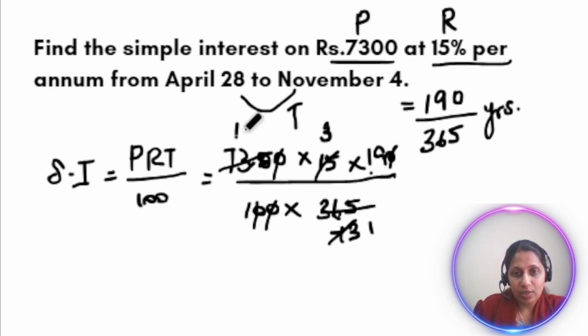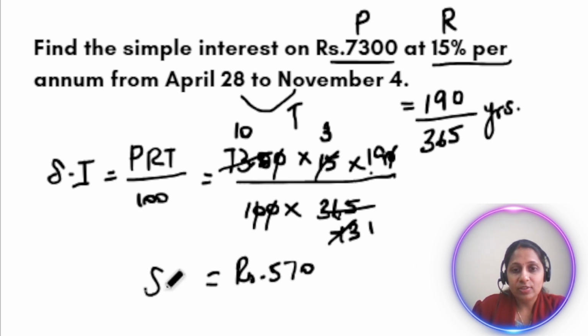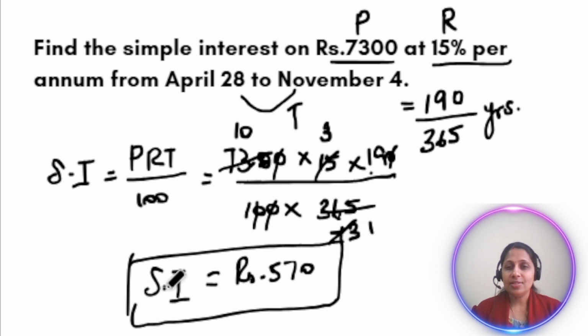This is 10. So 19 times 3 times 10, which is rupees 570. So simple interest is 570 rupees. This is as simple as that. Once you know the formula, try to bring everything in the standard form and solve it.